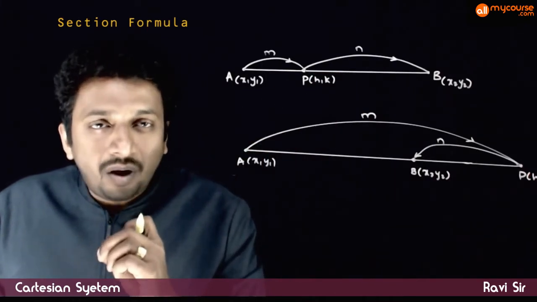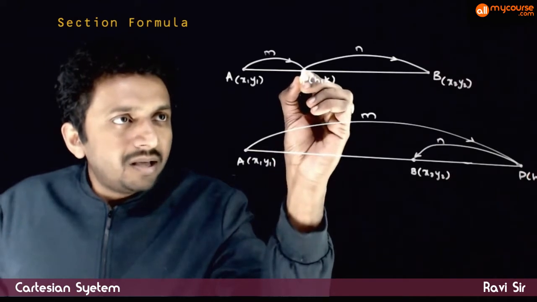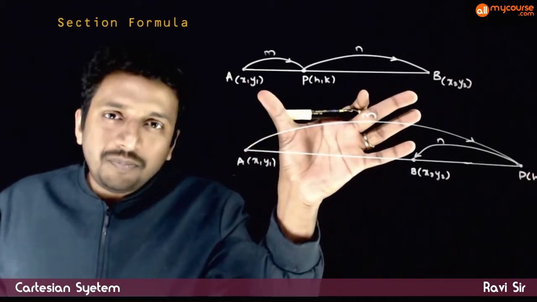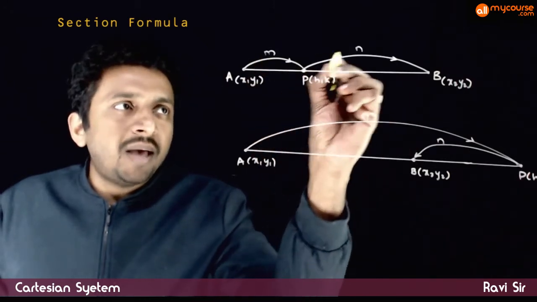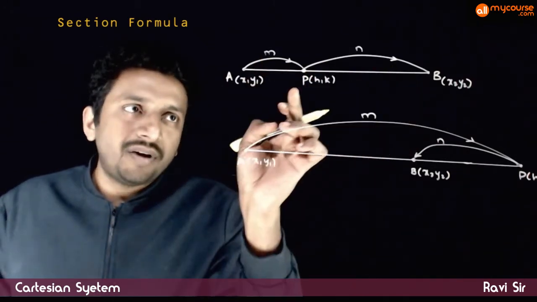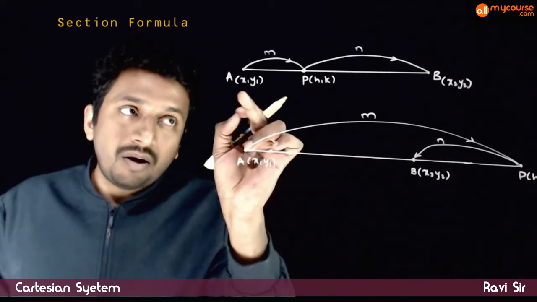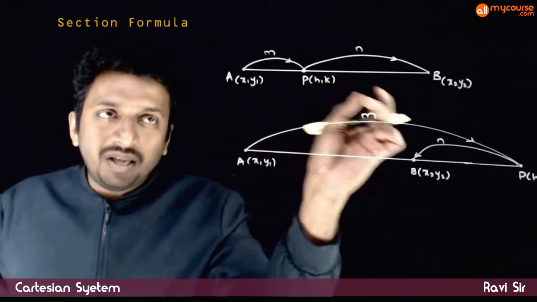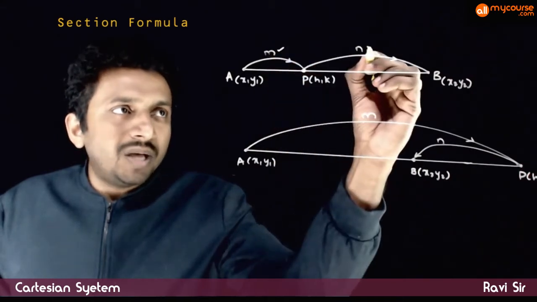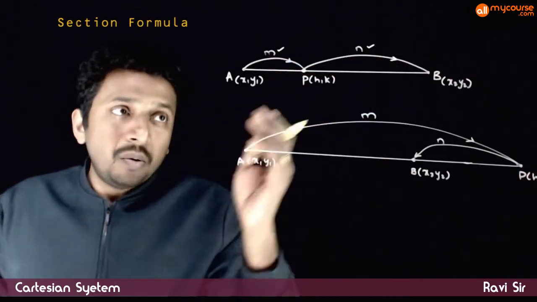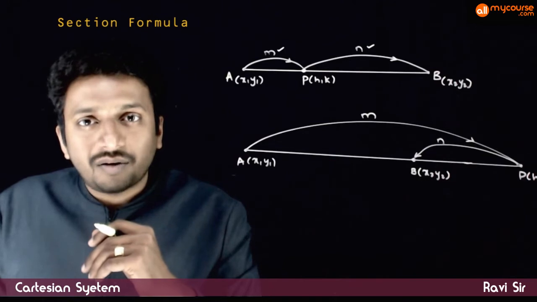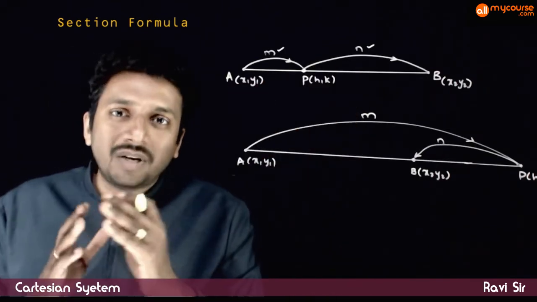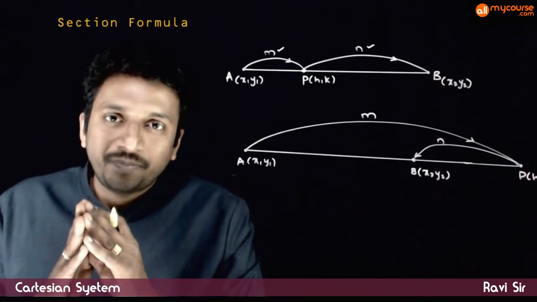Now I want the point P on this line segment which divides AB in the ratio m:n. If I want a certain point on the line segment AB which divides AB in a given ratio m:n, what are the coordinates of this point? That's the question that we are going to deal with in this topic.